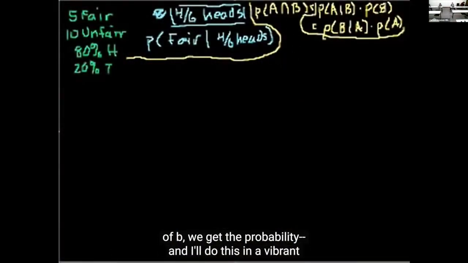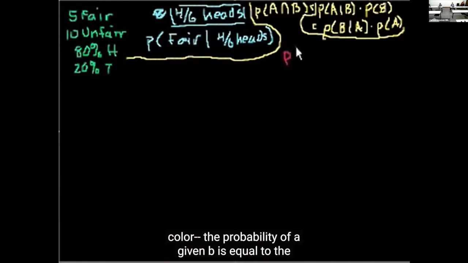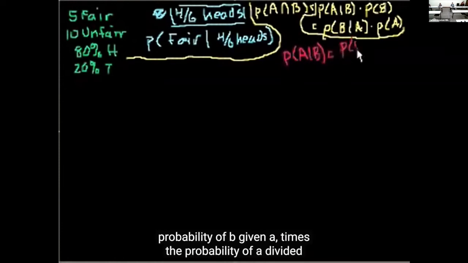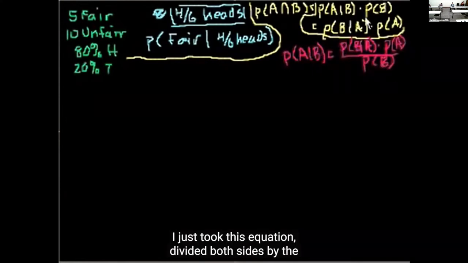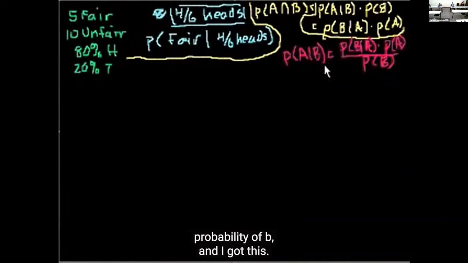We get the probability, and I'll do this in a vibrant color, the probability of A given B is equal to the probability of B given A times the probability of A divided by the probability of B. So what are A and B in the problem we're trying to figure out?